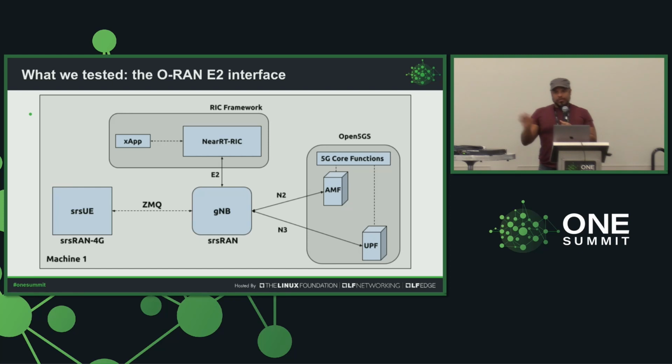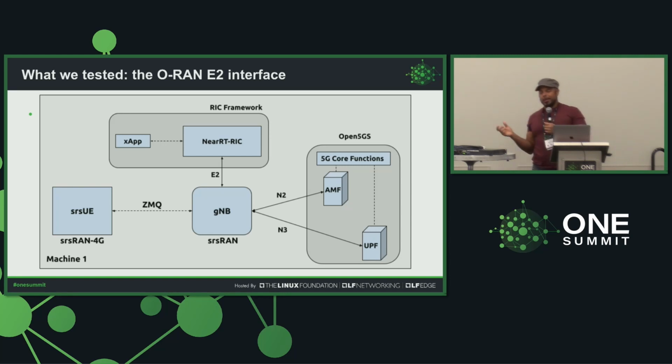It's the transport for the E2AP. And then you have the E2SM, which is the service model that rides on top of the E2 protocol. It allows these RIC applications, or xApps, to broadcast these application-specific controls and events.